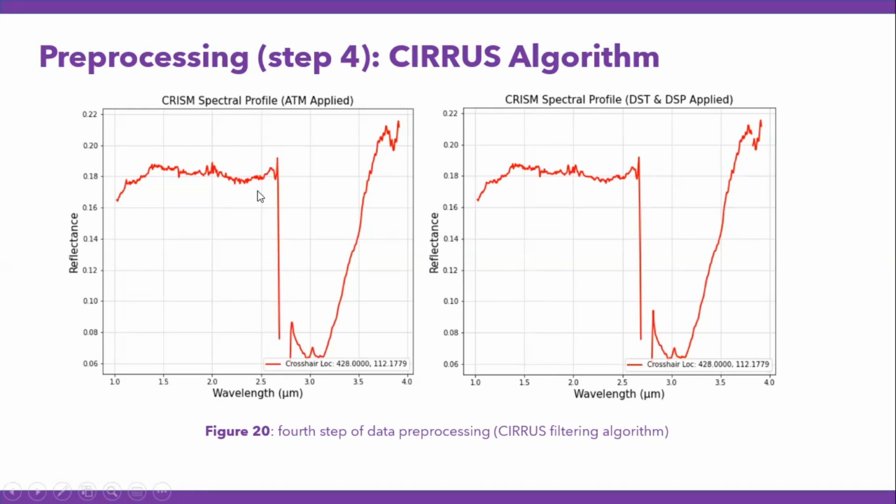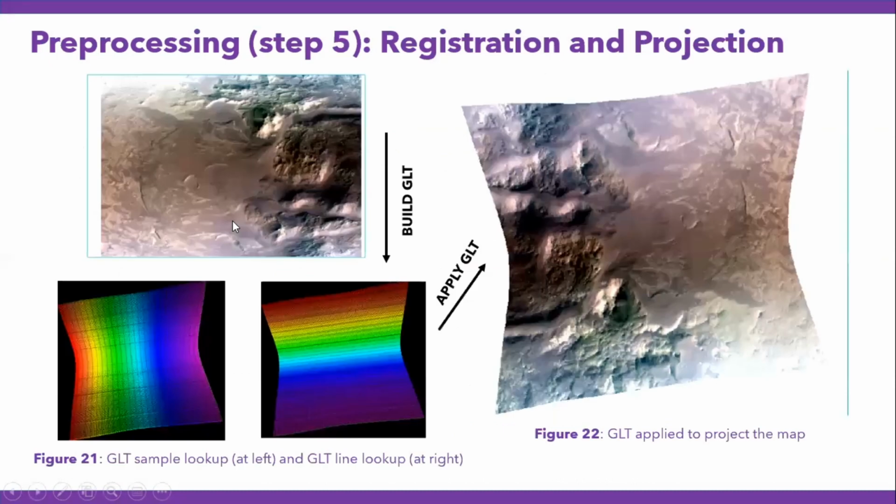The pixels, the spectral profile, is very smooth here at left compared to the data before we apply the CIRRUS algorithm. And then at the end, we have another pre-processing step, which is registration and projection. We want to register and project our data just to have a meaningful representation of data in general.